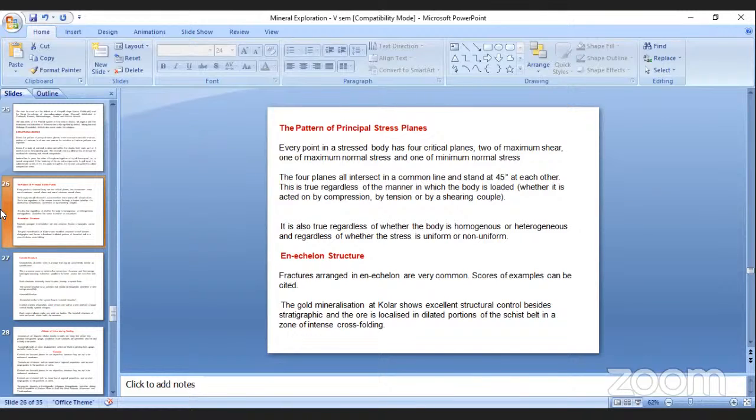It is a source of excellent structural features, and it is controlled besides stratigraphical formations, and the ore is localized along the schist belt in a zone of intense cross folding. The Kolar mine is located in Karnataka. It is famous for gold mining.